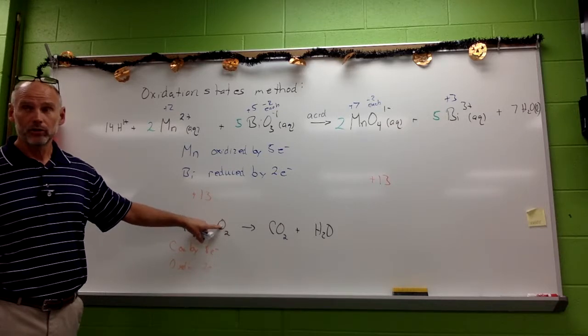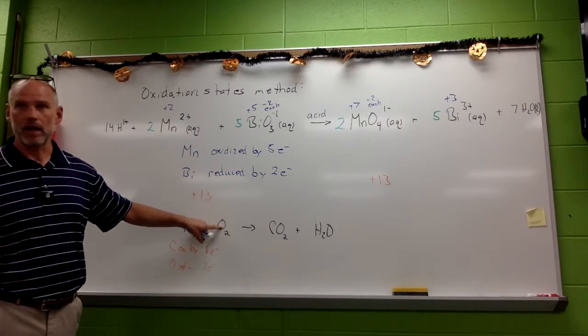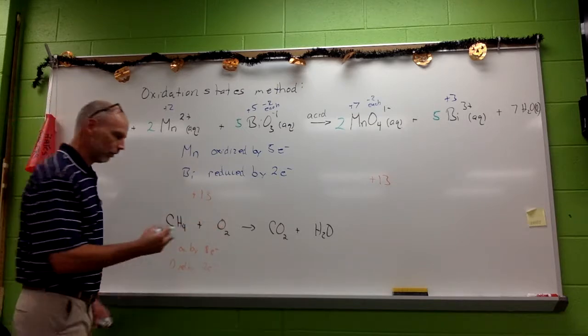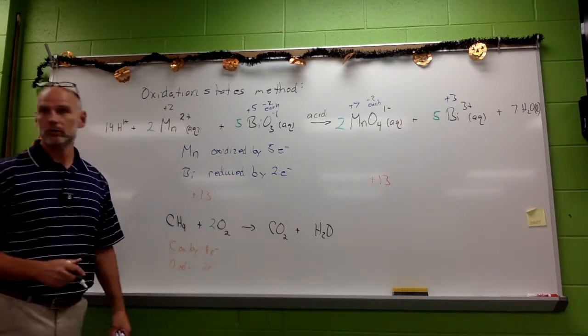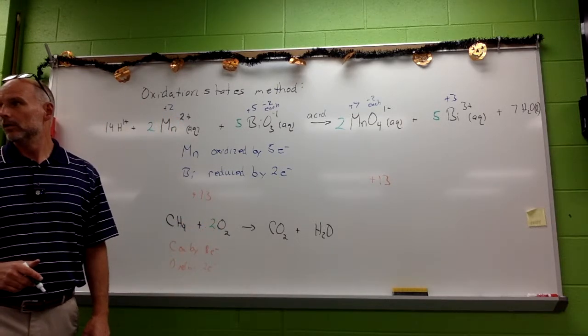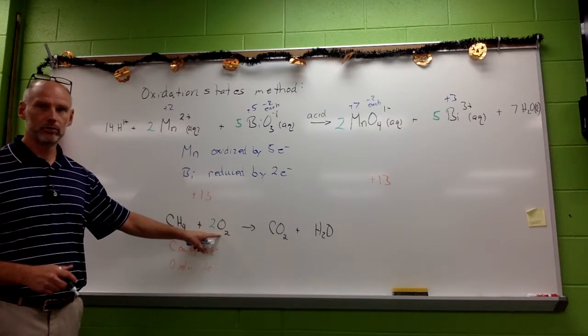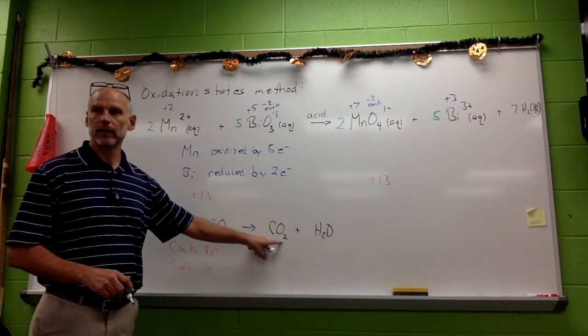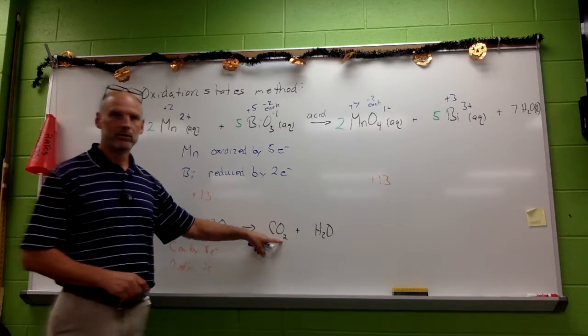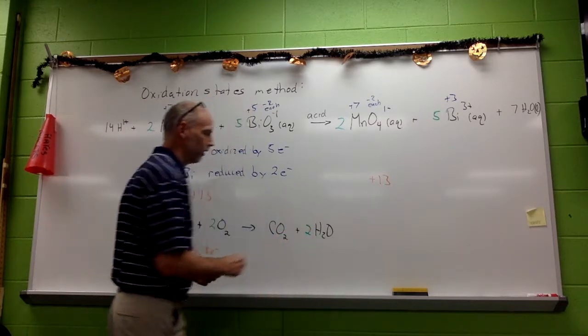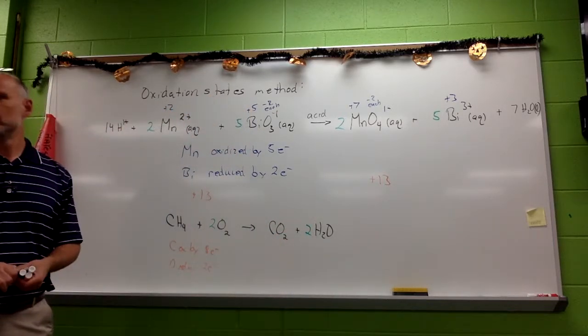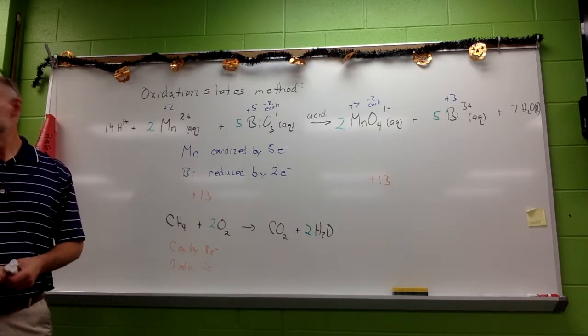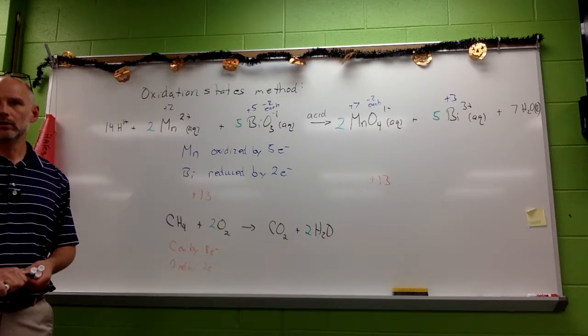To get to 8, don't I have to have that happening 4 times? So I'm going to multiply this by 2. And if I multiply that by 2, I've already got 2 over here. That do it?